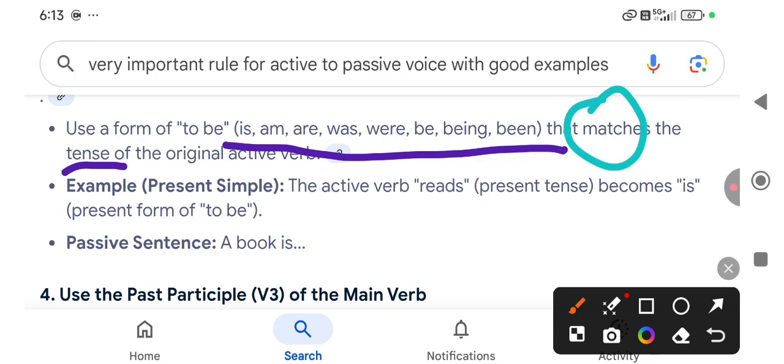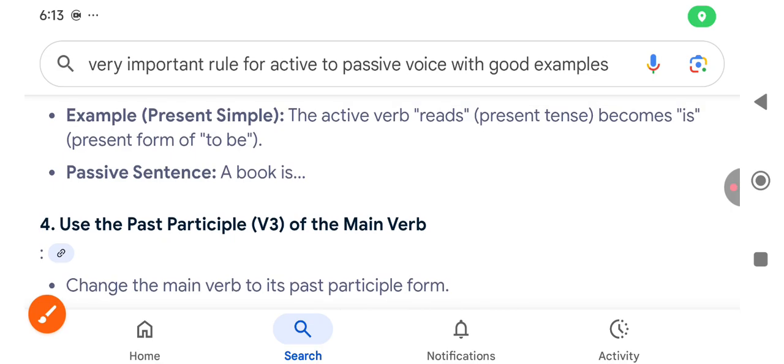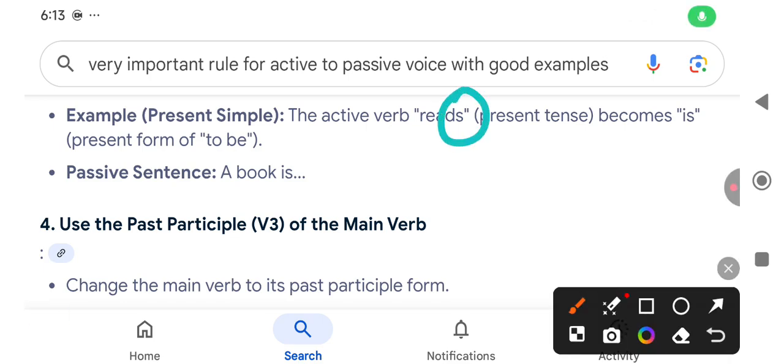The example they have given is present simple. In the active verb 'reads', present tense, it becomes 'is' because of 'reads'. So please take care: 'reads' means it becomes 'is', the present tense form of to be.